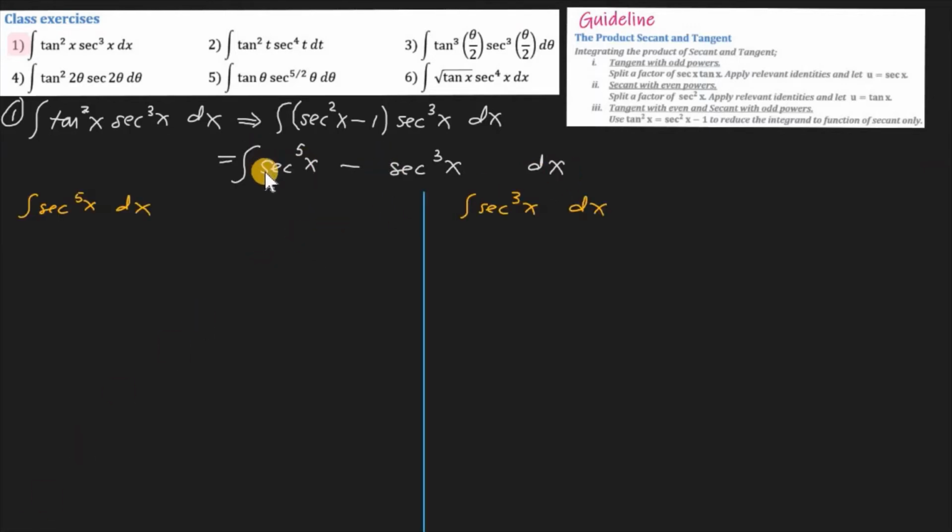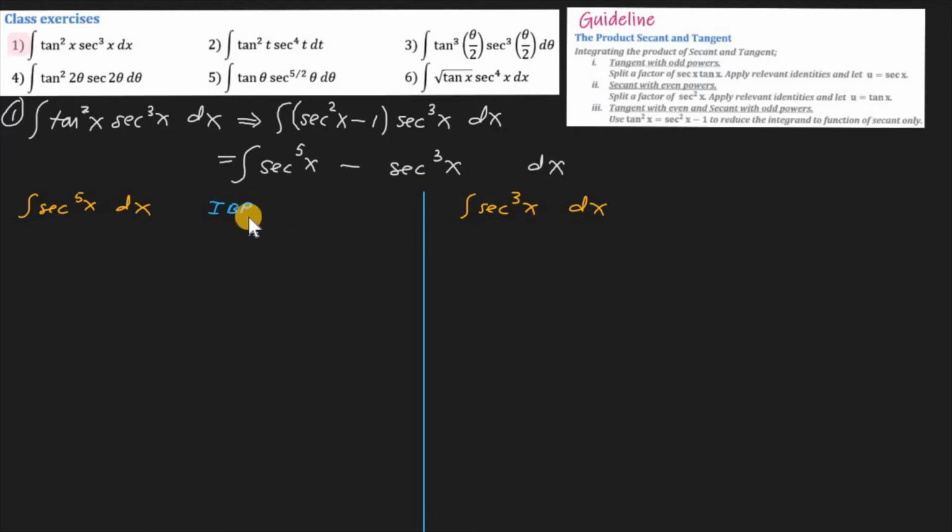So up to this level, we have secant power 5. There is no guideline for a single secant power odd number. So meaning, we have to use another method. What method? Let's consider using IBP, integration by parts.